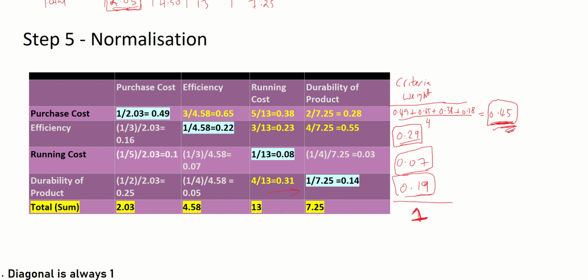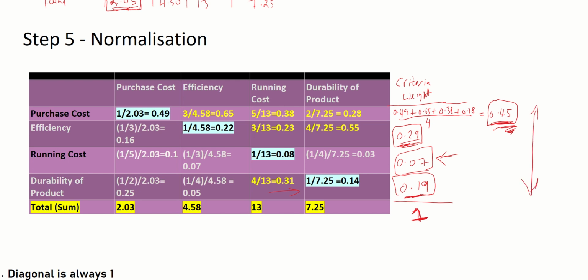So the highest preference is given to purchase cost, second preference is given to efficiency, third preference is given to durability, and final preference for the particular decision maker that we analyzed in this case is given to running cost. And as I said, these numbers all have to add up to 1.